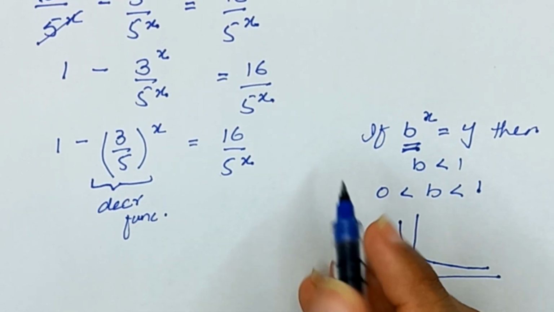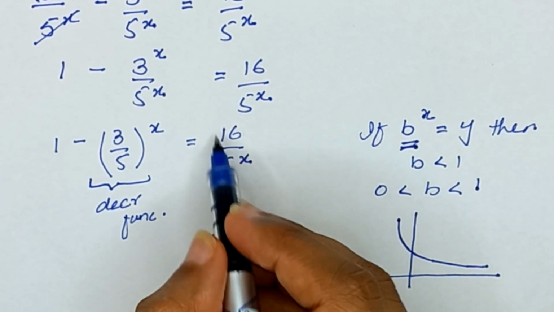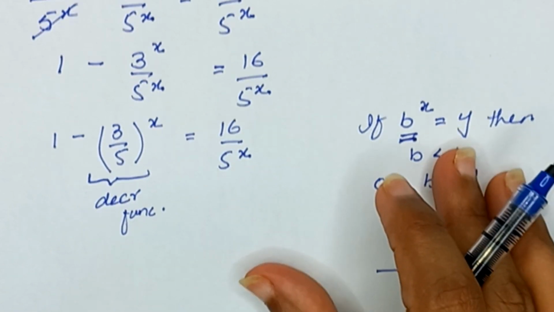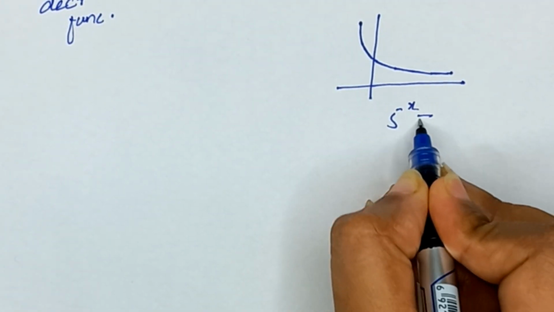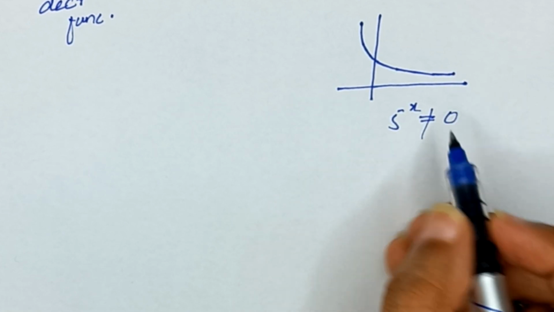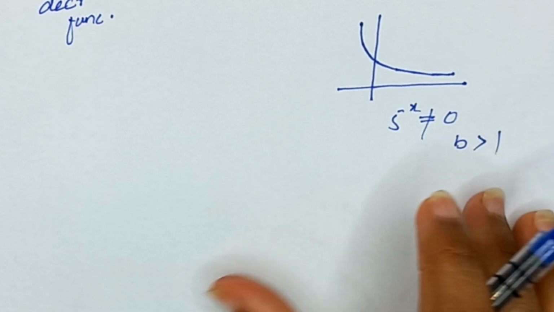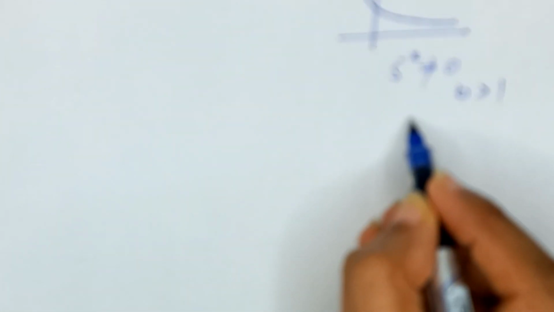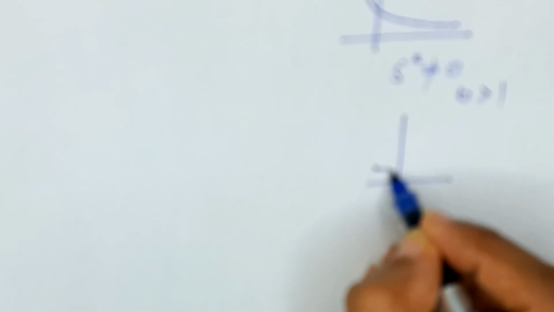And here 5 raised to the power x is in the denominator. So 5 raised to the power x cannot be equal to 0. If this is not equal to 0, then it means b will be greater than 1. So it will be an increasing function like this.